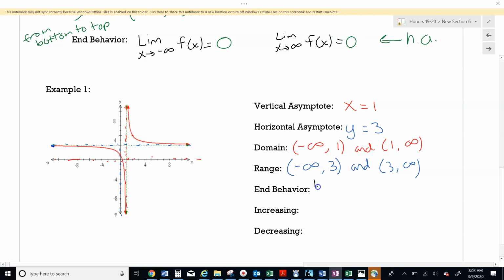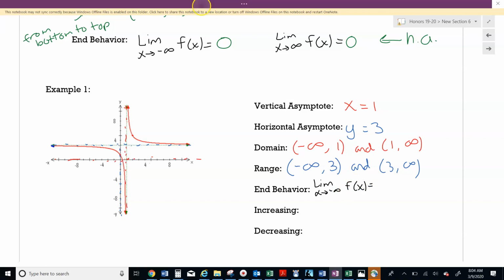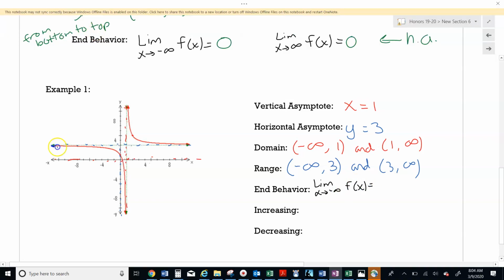Our end behavior, well, the limit as x approaches negative infinity. Well, again, it's getting closer and closer to that horizontal asymptote, which is at 3. Okay. Same thing on the other side, right?